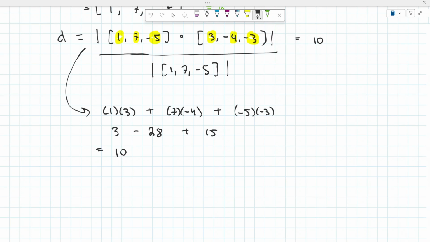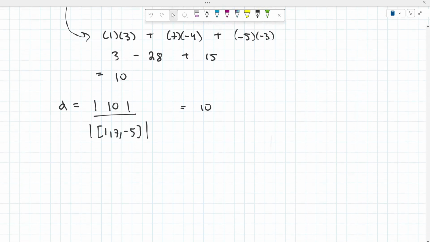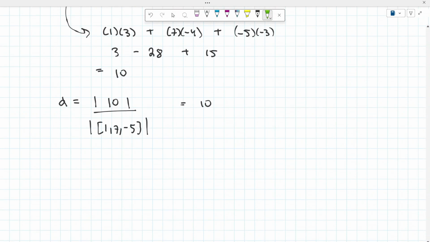Okay, and then let's just fill this in. So D equals the absolute value of 10 over the absolute value of our vector 1, 7, -5. Okay, so absolute value of 10 just equals 10, right? But what is then the absolute value or the magnitude of a vector? So this is where we're going to have to use another vector calculation.